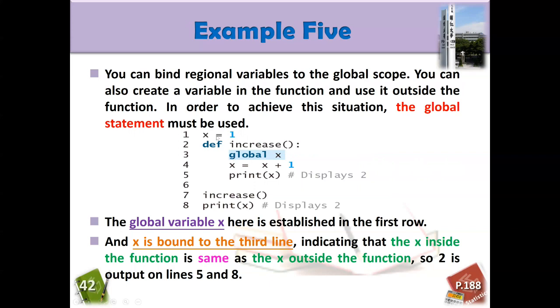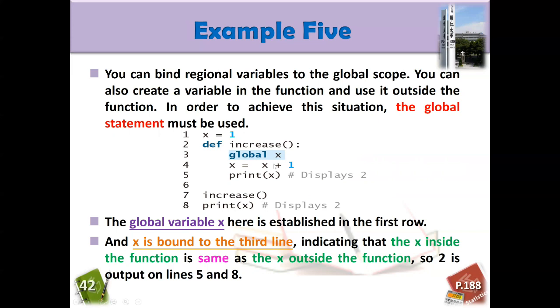So here, x equals 1, right? It's a global variable, and you define the increase function. If you do not use global, x is still a local variable, but you make it global, so it has become global.